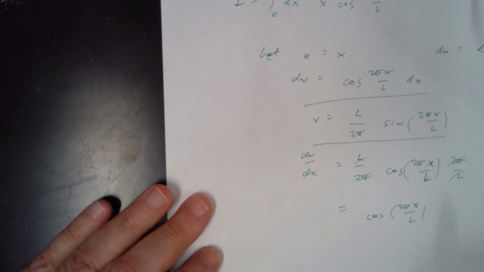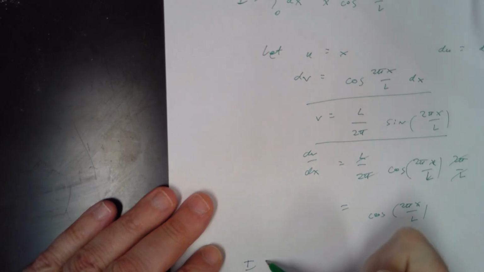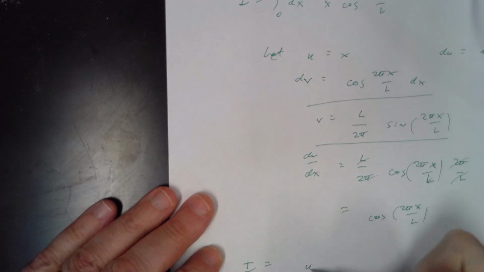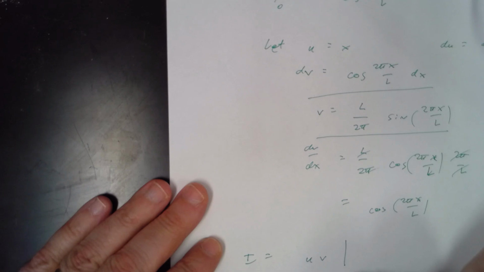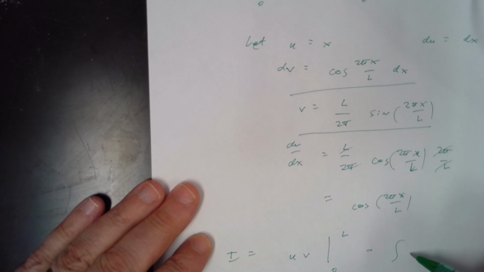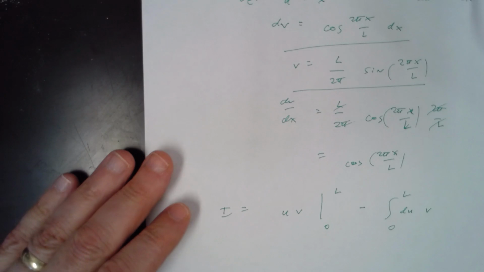So integrating by parts, I know that I is uv evaluated between my limits minus integral v du evaluated between my two limits of integration.